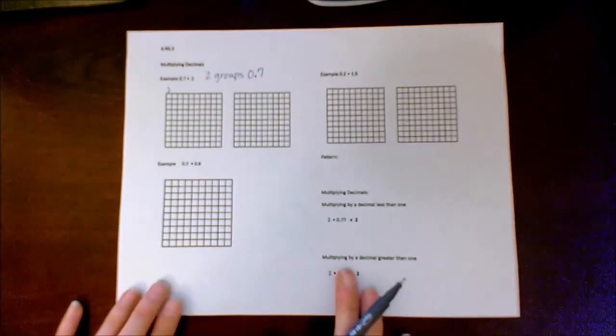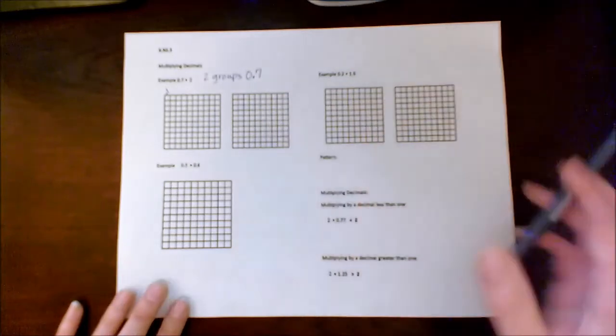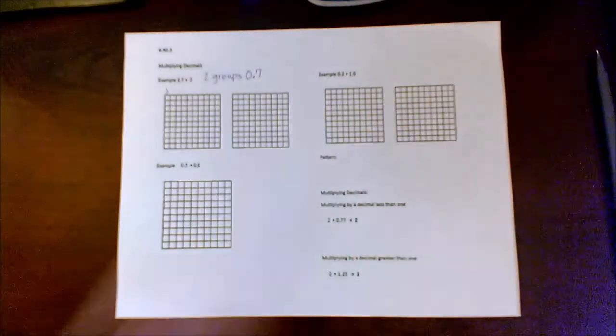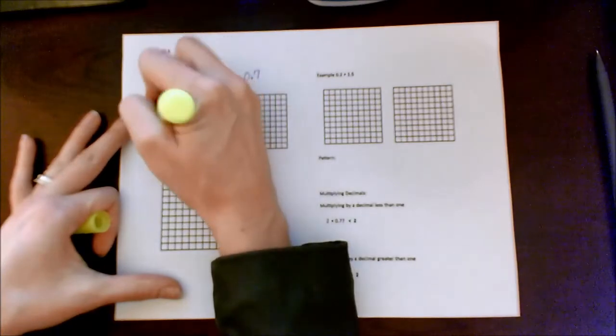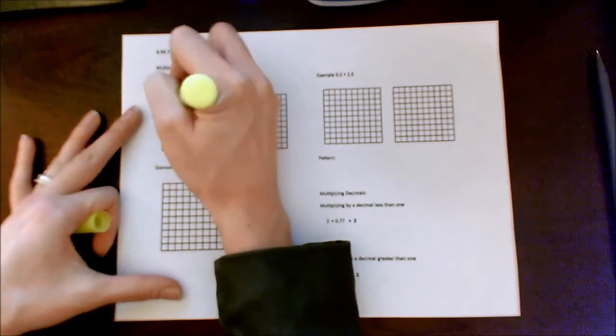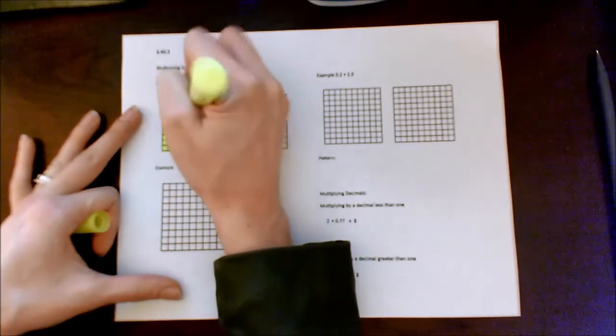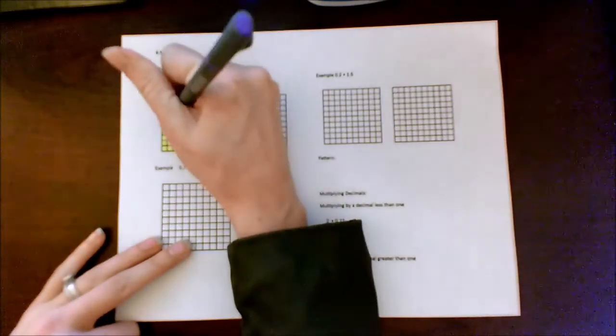So 10 times 10 is 100. One of the 10 would be a tenth, and I have 7 of those. So I'm going to fill in 7/10: 1, 2, 3, 4, 5, 6, 7/10. So there is my first group of 7/10.